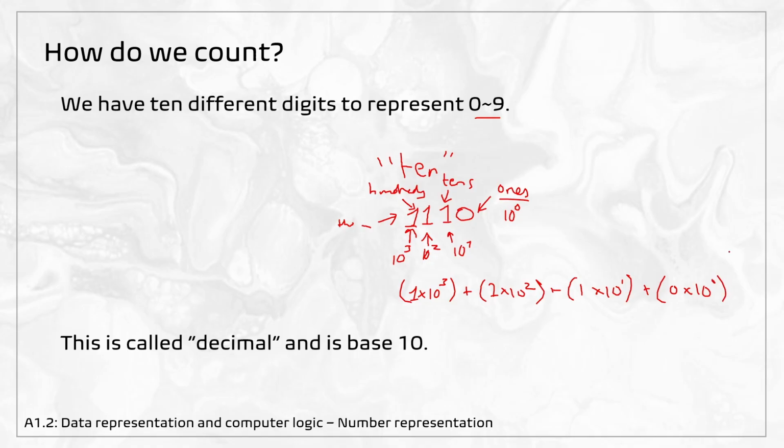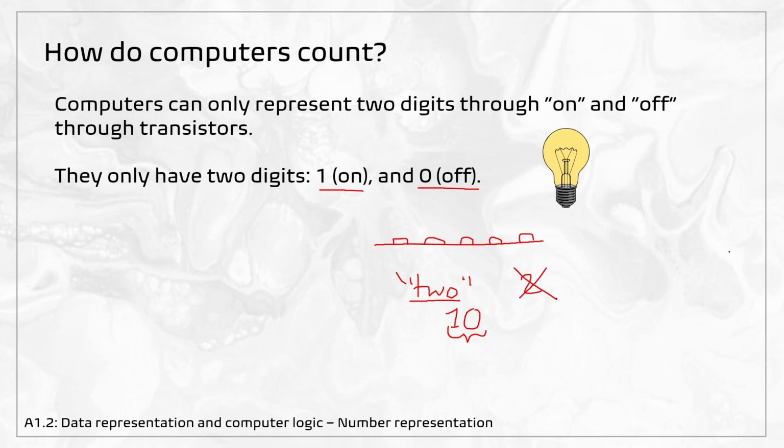And this concept can be just transferred over to binary, except instead of 10 to the power of something, it's 2 to the power of something. So let's say we have this binary number right here. This digit would be 2 to the power of 0, or 1. This digit would be 2 to the power of 1, or 2. This digit will be 2 to the power of 2, or 4. This digit will represent 2 to the power of 3, or 8.